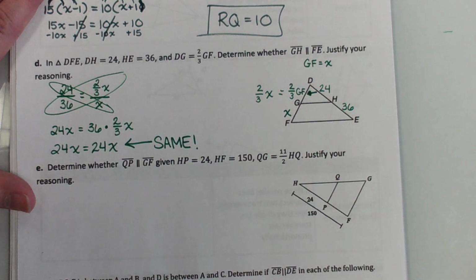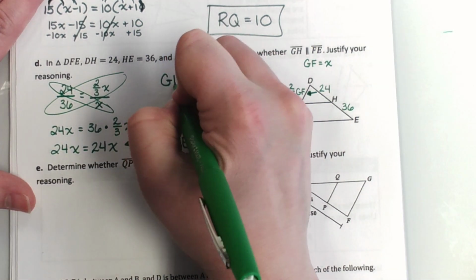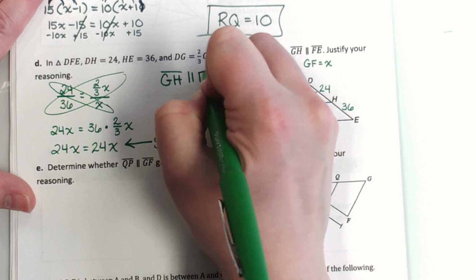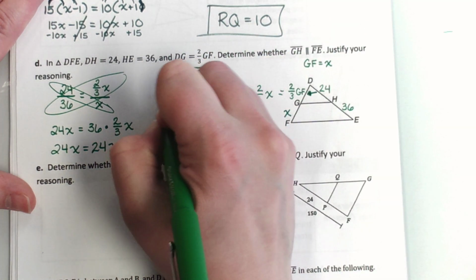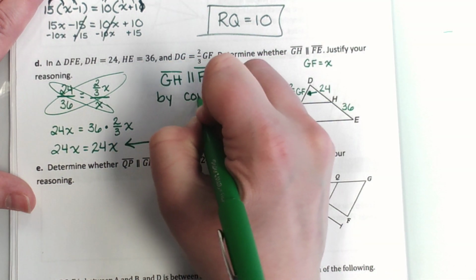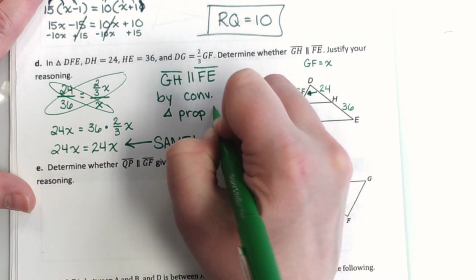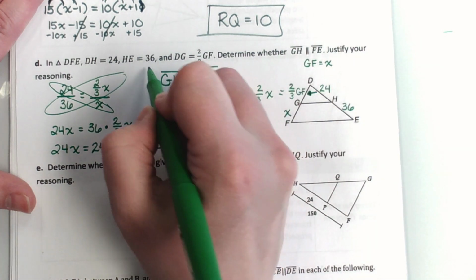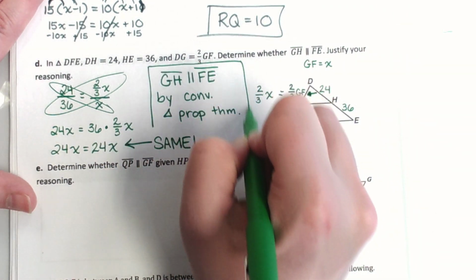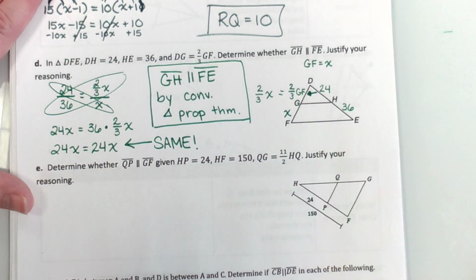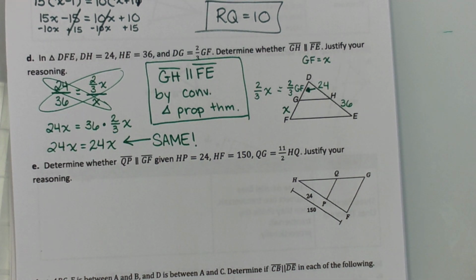And if those are the same, then GH is indeed parallel to FE by the converse of the triangle proportionality theorem. If they were different, I would say they are not parallel. Again, by the converse of the triangle proportionality theorem.